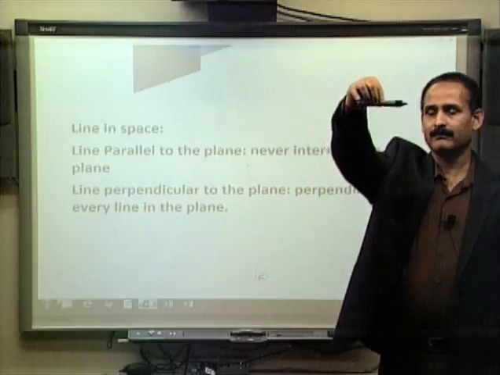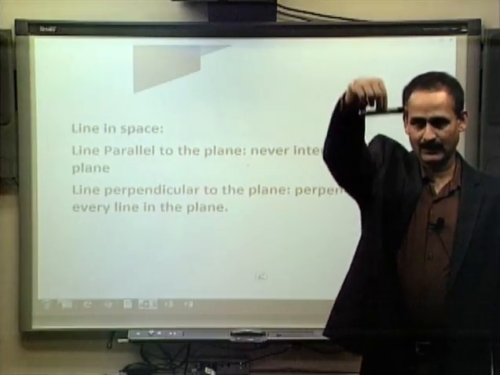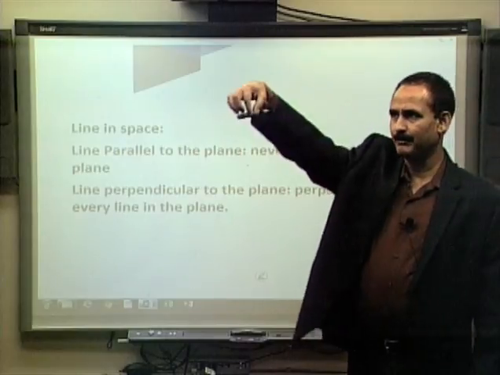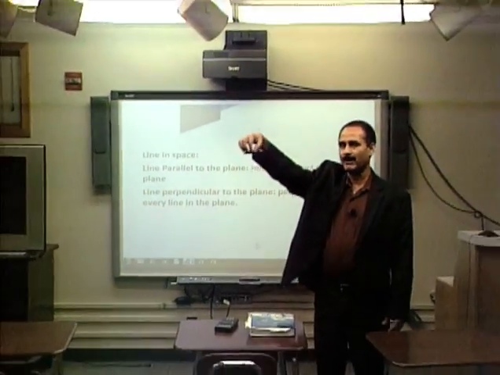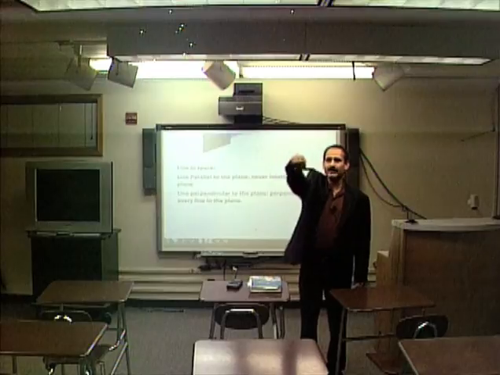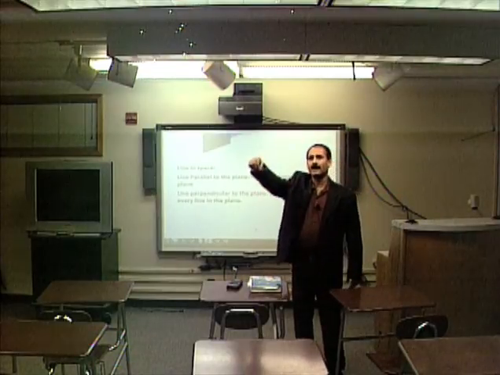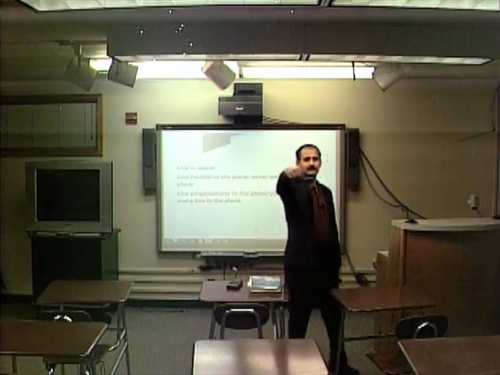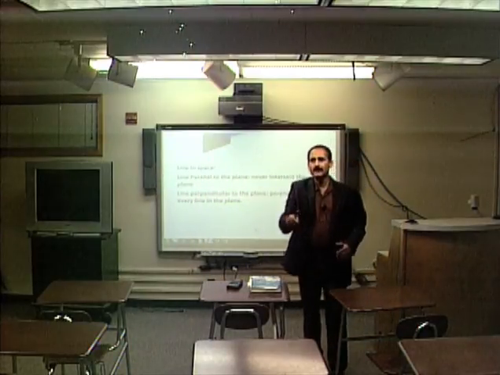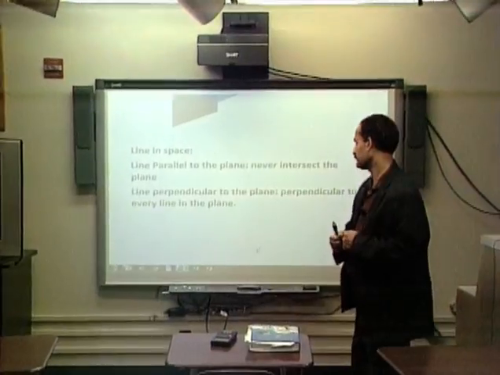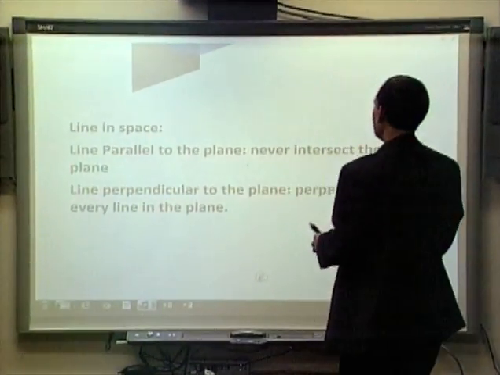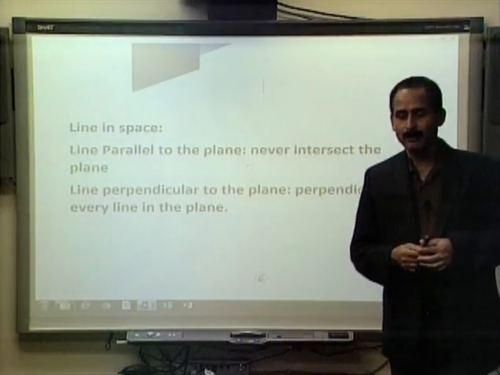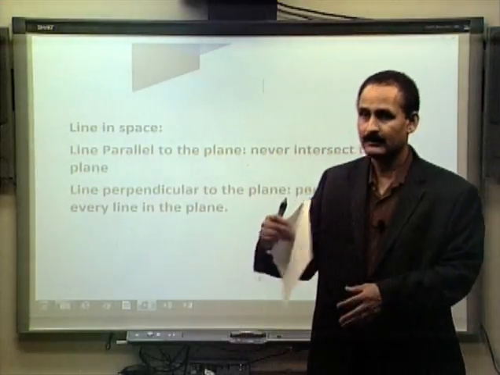For example, right now, well, you don't see the floor here. The line described by my pen will never meet the floor regardless of how far we go. So I can say this line described by the pen is parallel to the floor. And by saying a line is perpendicular to a plane, we mean this situation.